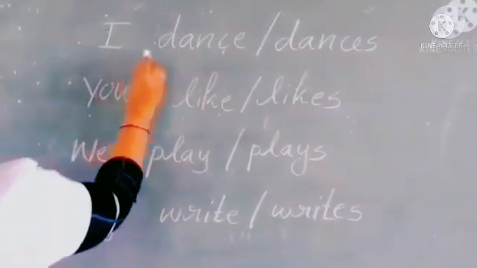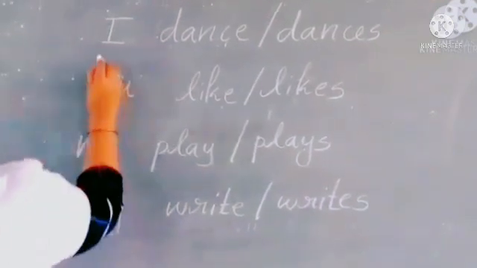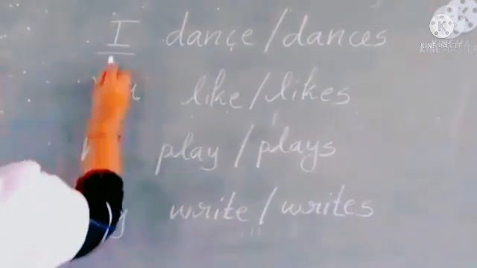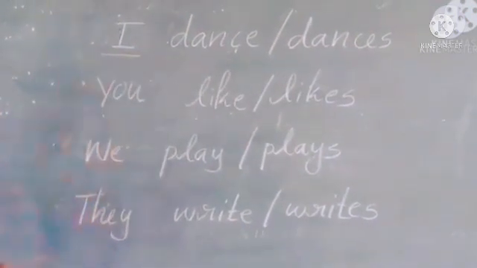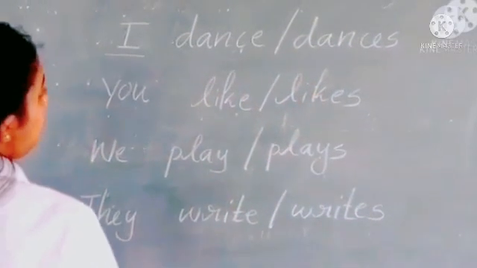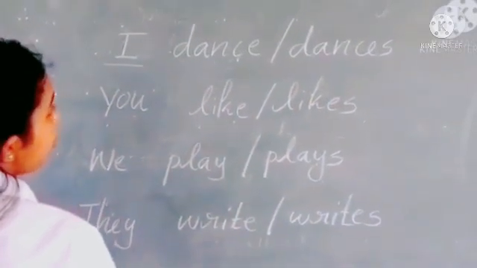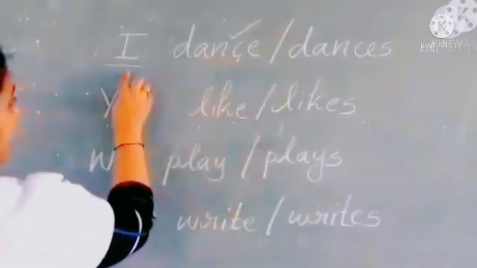The first one, I dance. I is the pronoun. This is singular or plural? This is plural. So what we need to write? Dance or dances, which is right. With a plural pronoun, we need to use only the verb. So here this is the right answer.